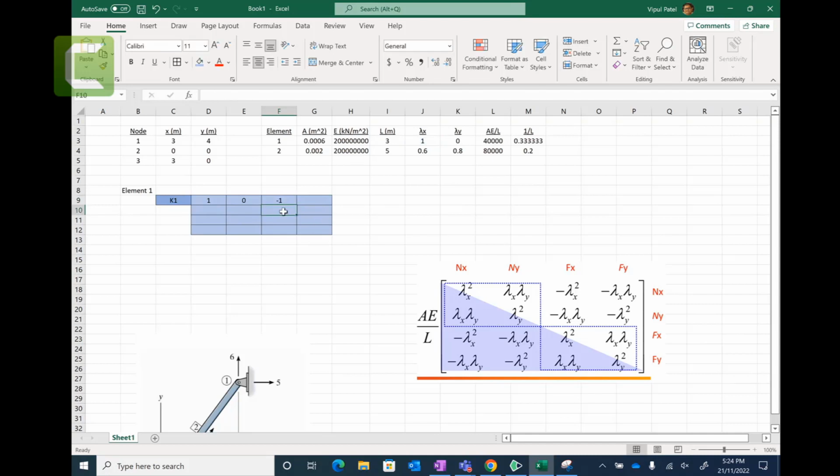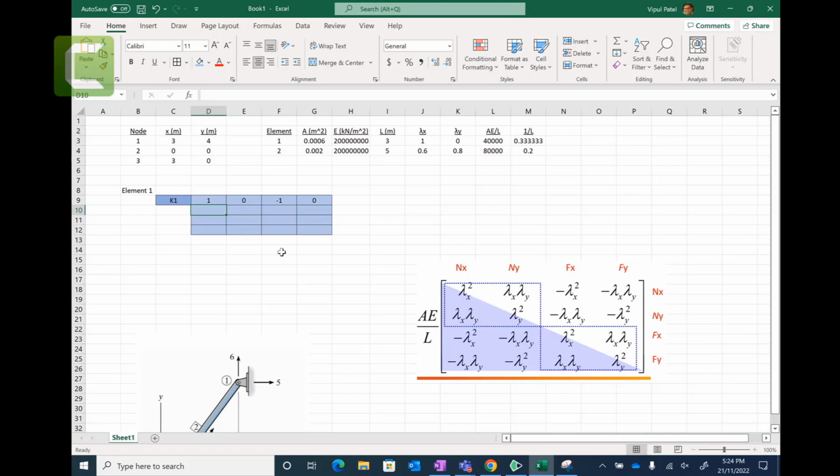Then it will give you the correct answer, -1, because this minus is not, you need to minus it square. This minus is separate. So therefore you need to make sure that this is equal to minus lambda x times lambda y. Very good. OK, so this is all done so far.